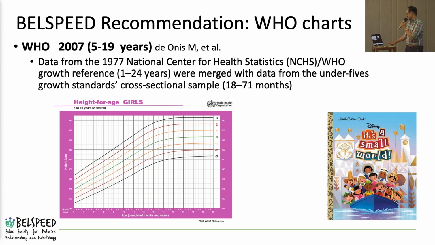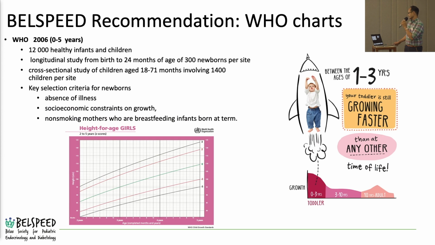from 2005, and that's the Cole charts from the age of 0 to 5 years, and that was like 12,000 healthy infants and children. They were partly longitudinal, so they followed up children from birth till the age of 24 months.